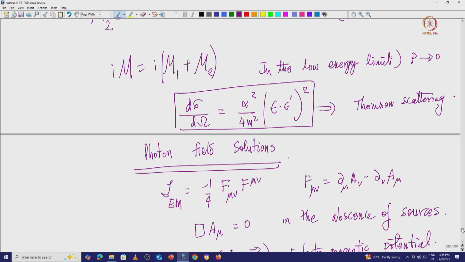Essentially you get the cross sections in this particular fashion. To achieve this you need to use the trace theorems.